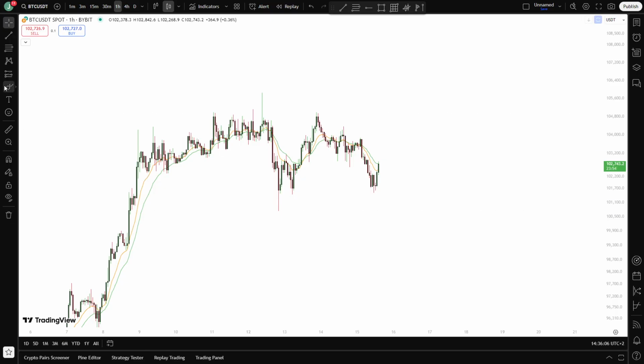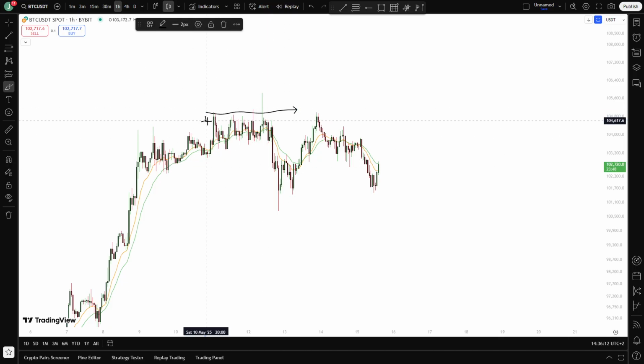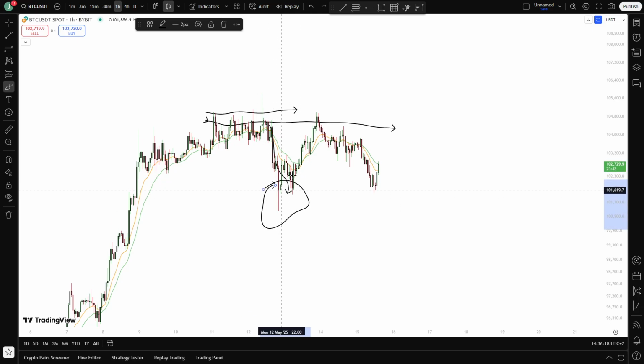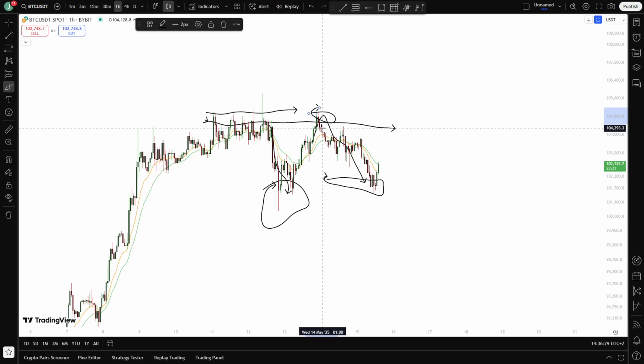Let's remove everything again. This is where we spend a shitload of time. These are the highs. Oh boys, what happened again? You get the shift to the downside, retest those previous highs, and you retreat back to the lows, giving you a short opportunity here.